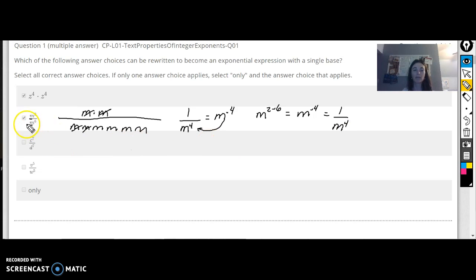When I am dividing two bases that are identical, I can subtract the exponent in the denominator from the exponent in the numerator. So division and multiplication kind of work the same as addition and subtraction. This one works because I can combine it into that single base.